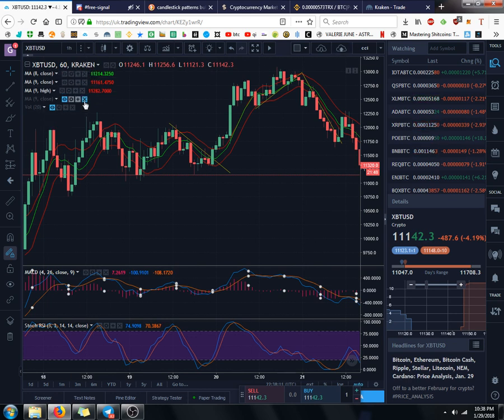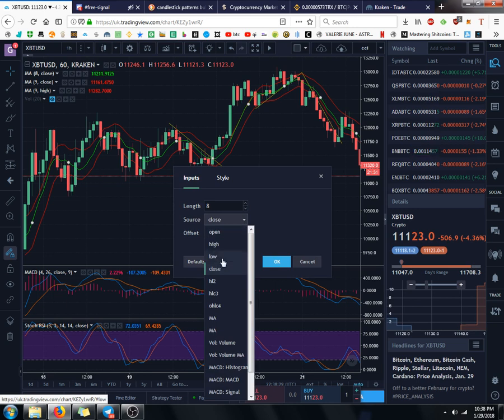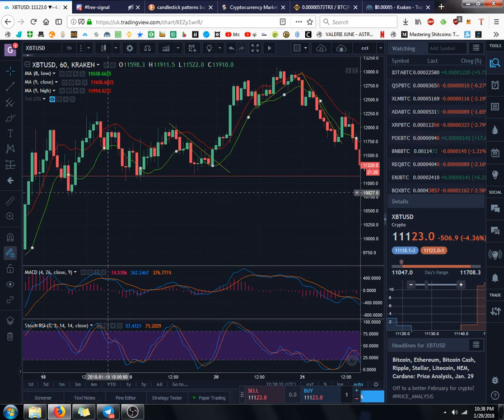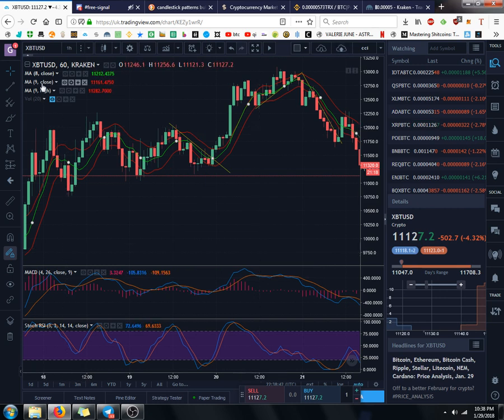I won't be using these. The only three I use are the close 8, which is the green one. That's the average of the last 8. Then that says close, but it's actually low if you look in there. Close, that's the green, and this red is low.